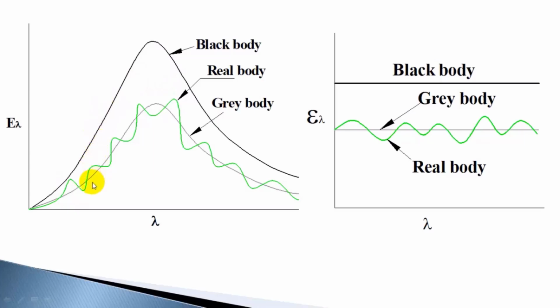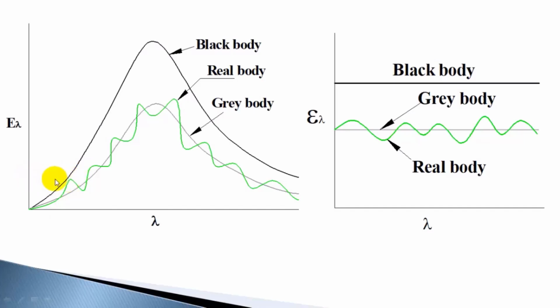Now, what is the emissivity? The ratio of emissive power of a real surface. Suppose you take this particular wavelength, say lambda 1. If you take the monochromatic emissive power of a real surface, you get the value here, and again at the same wavelength the monochromatic emissive power of a black body, you will get that ratio.